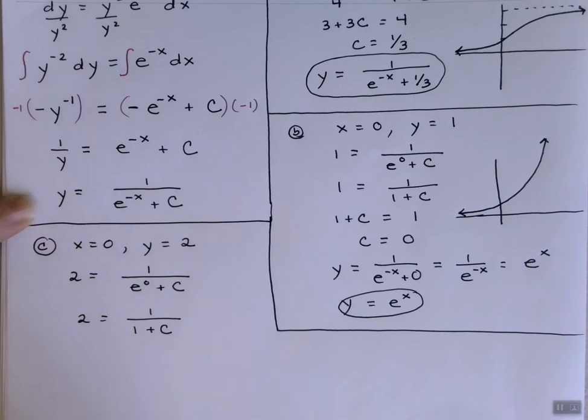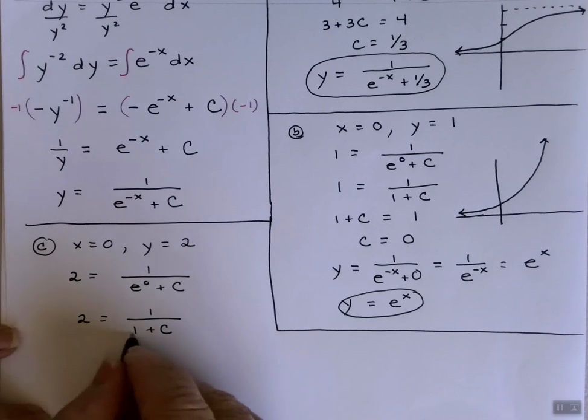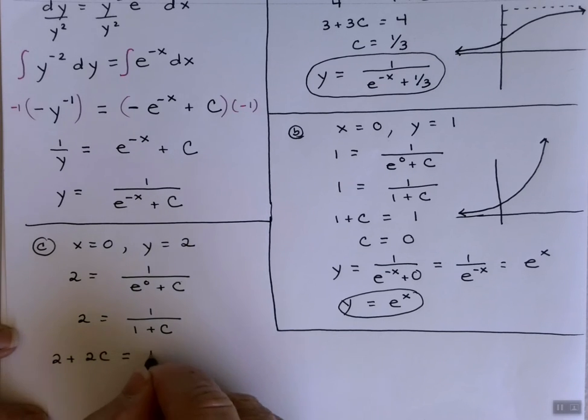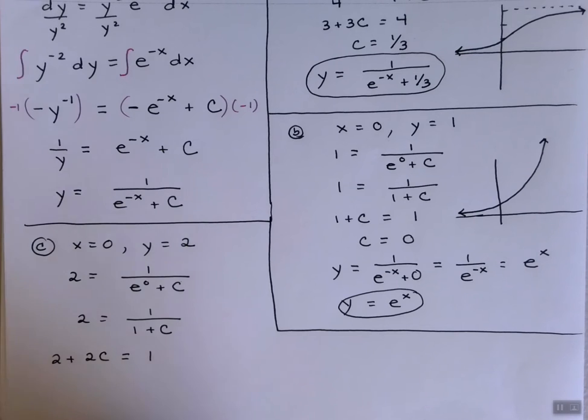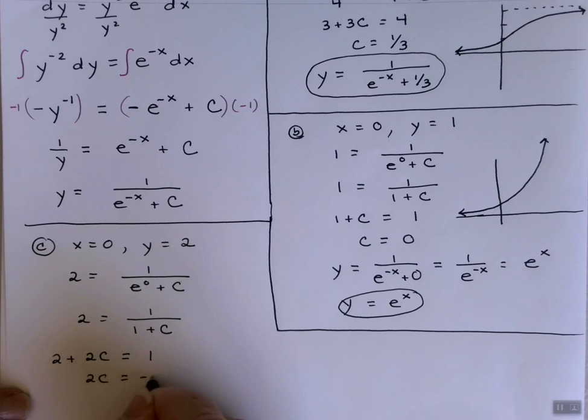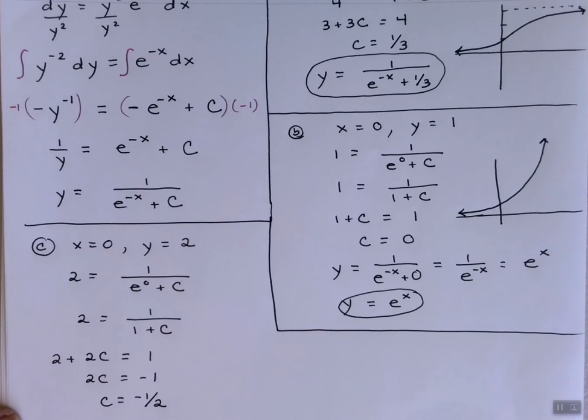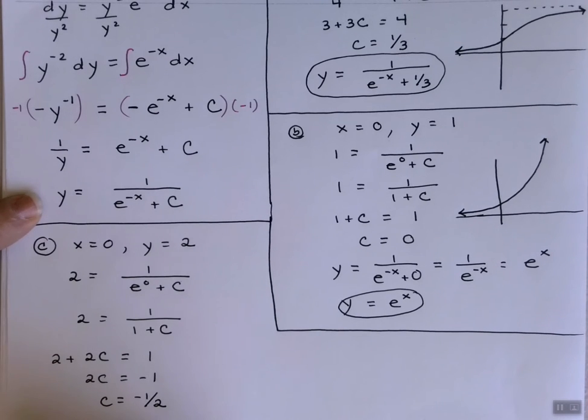And again, I'm just going to multiply by the 1 plus c. So that'll be 2 plus 2c equals 1. So 2c is negative 1, and c is negative 1/2. So now my particular solution is y equals 1 over e to the minus x minus 1/2.